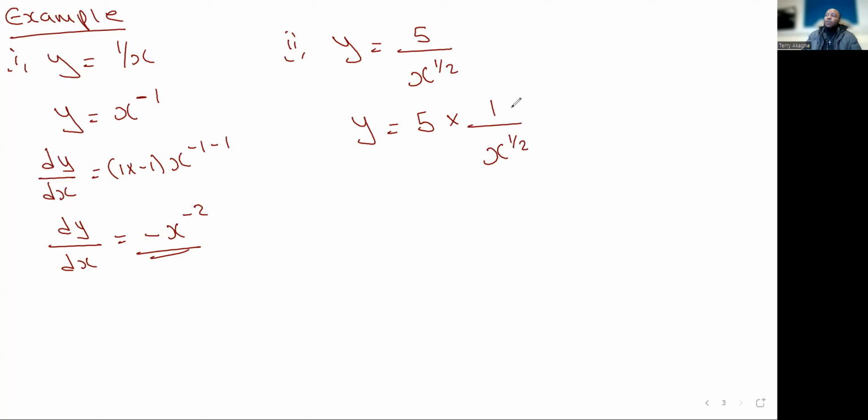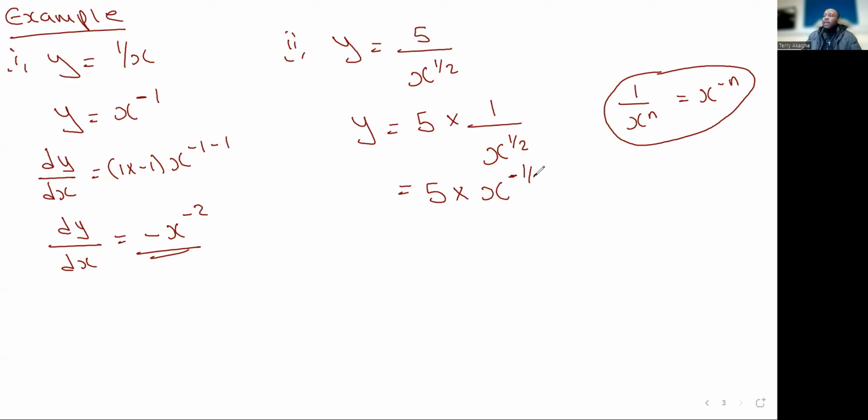Remember I told you in the laws of indices that when you have 1 over x raised to the power n, it's the same thing as saying x raised to the power minus n. Do you remember this? So please try and review my laws of indices. So this is going to be the same thing as saying 5 multiplied by x raised to the power what? Minus half. So therefore, y will now be equal to 5x raised to the power what? Minus half. Then you now differentiate it because now it's in an index form.